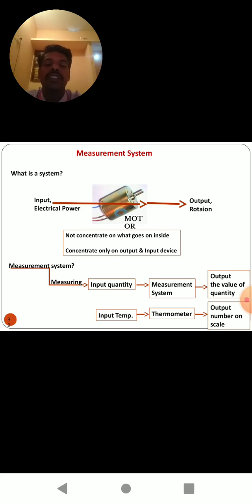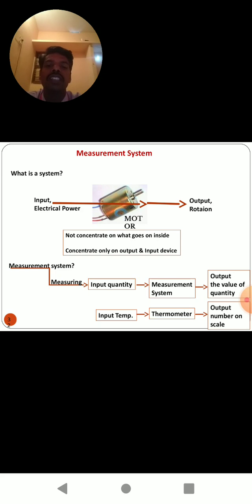Likewise, here we will take a practical example of a motor as a system. A motor has many elements arranged in a sequential manner, with an input device as well as an output device. Here the input electrical power is provided to the motor, which gives a rotational output.